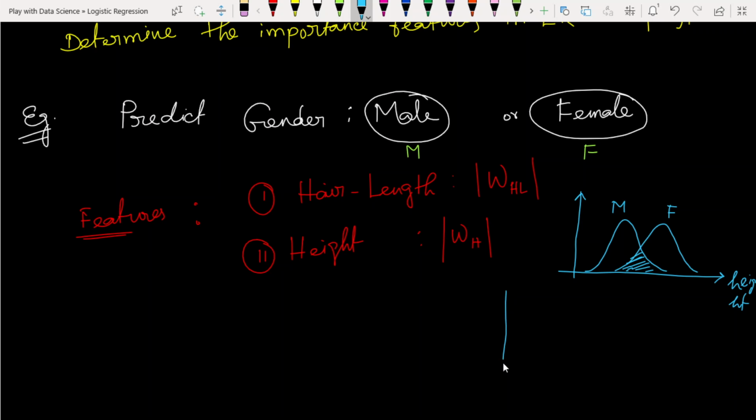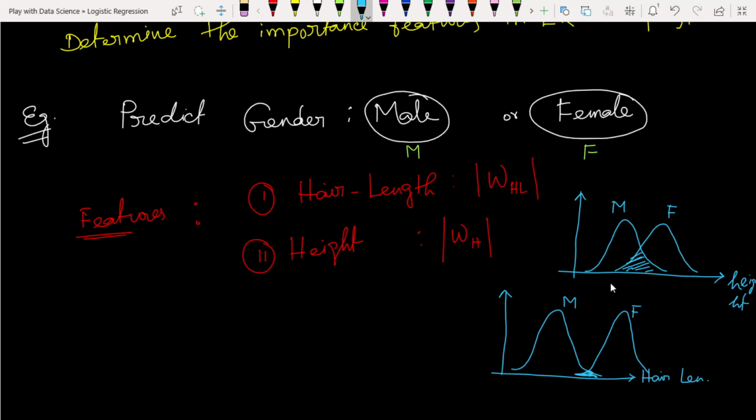But if we see the distributions of the hair length and draw the plot of this, then you can clearly see here that it is less overlapping.